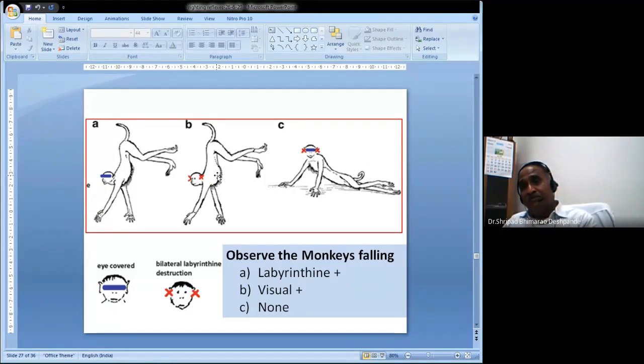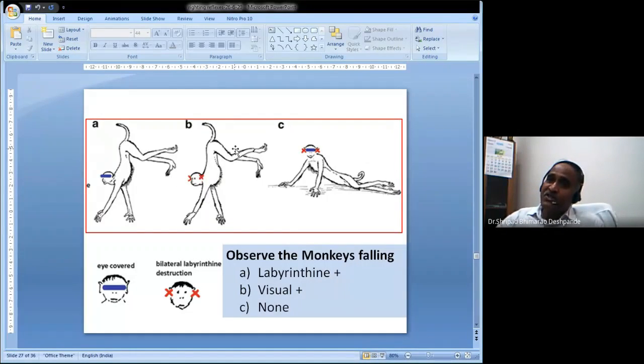If you rotate with centrifugal forces, the crystals will disappear or will be thrown out of the particular site. So we can destroy the labyrinthine nerve, maybe by cutting the nerve or by centrifuging. And in this monkey, the labyrinth is destroyed.